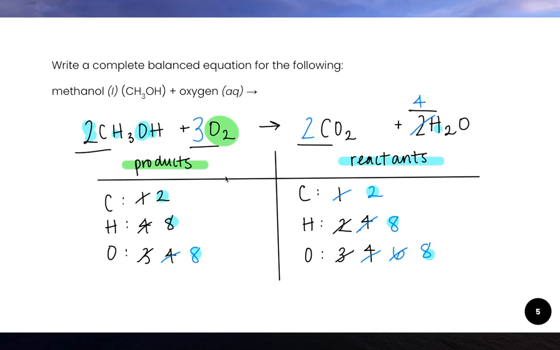So if you can divide every one of your coefficients by 2, then you've gone too far, and if you divide them all by 2, it'll still be balanced. The proper balanced equation is the one with the lowest whole number ratio for the coefficients. And in this one, we have 3 even numbers and 1 odd number. So there is no way to reduce this. So this is the correct balanced equation. It looks kind of messy like this. If you want to, you can rewrite it. But I can tell what this means.